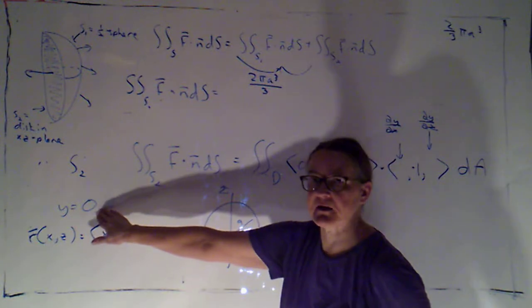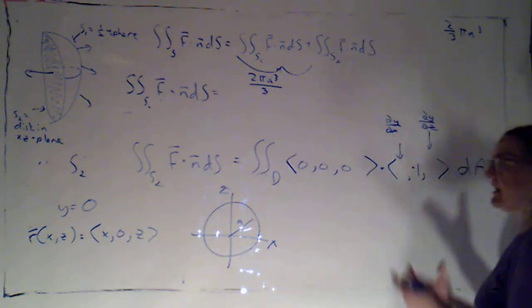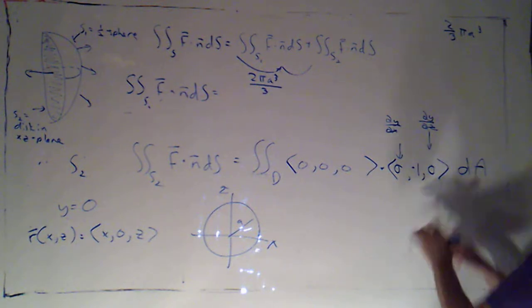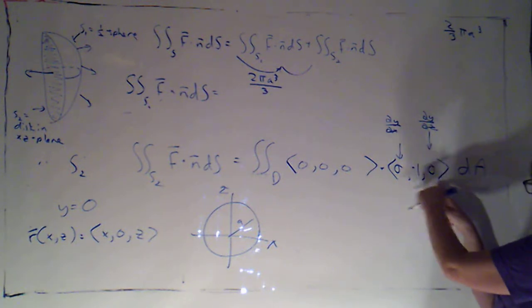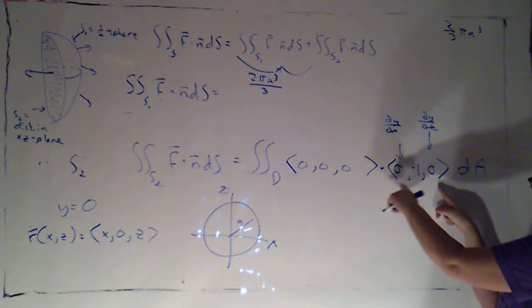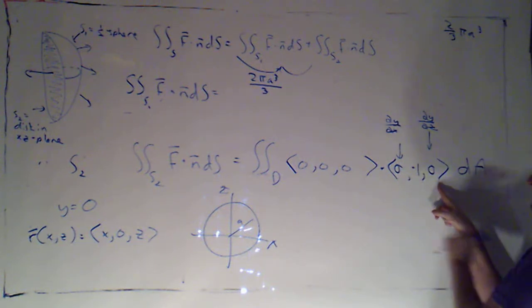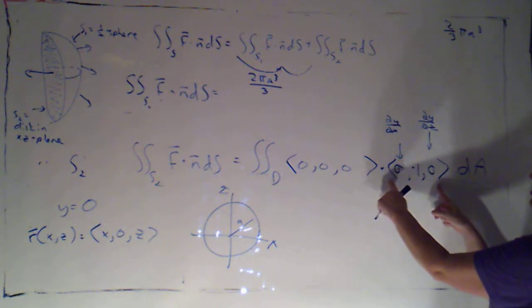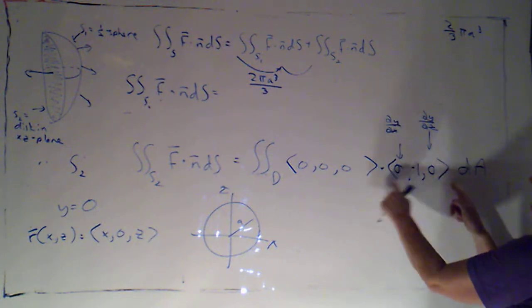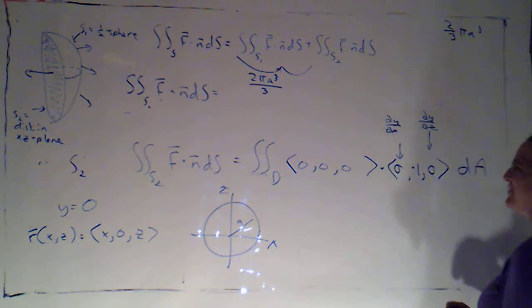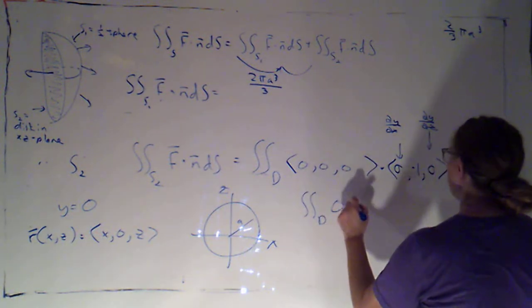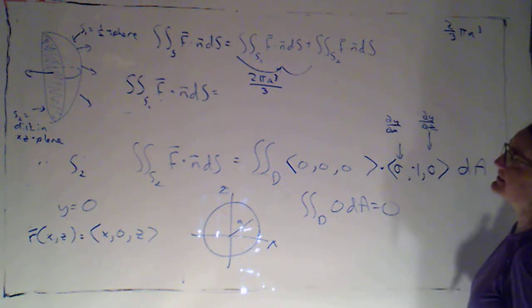Again, I'm viewing y as a function of x and z, but both of these are just 0. So I just wanted to remind you how we can get that normal vector pretty much by inspection. This happens to be a unit vector in this case, but in general, if these weren't 0, this would be the non-normalized normal vector that I'd be dotting with. Of course, we're just integrating 0 dA now, so we're going to get 0.